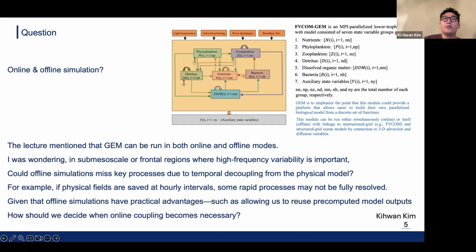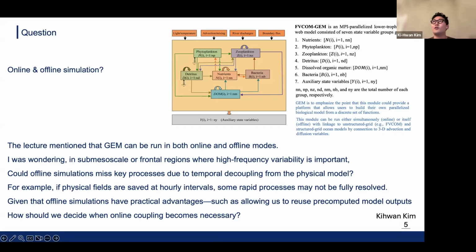For example, if we save the model output at a 1 hour interval, I think some high frequency variability cannot really be resolved in the gem model. So how should we decide when offline or online coupling becomes necessary?